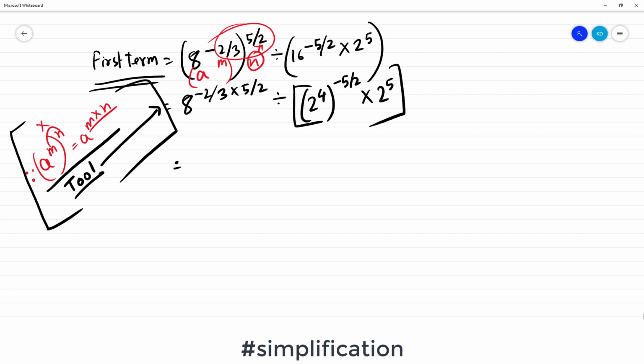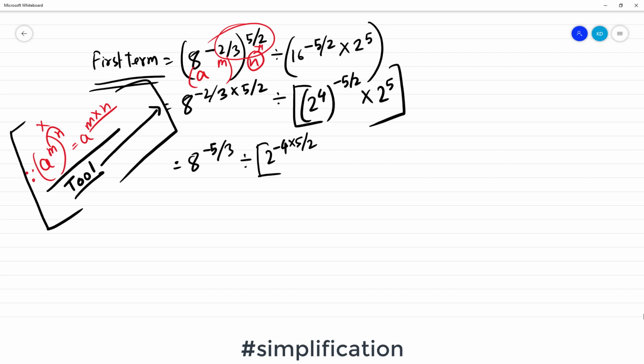Next, 8 is 5 by 3, and this one divided by 2, to the power minus 4 into 5, because this will multiply and this one inverts.